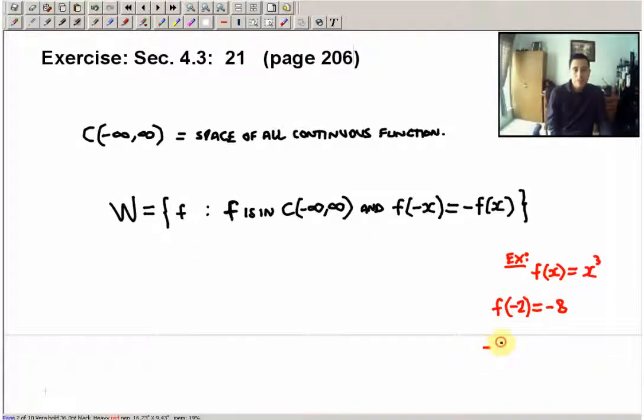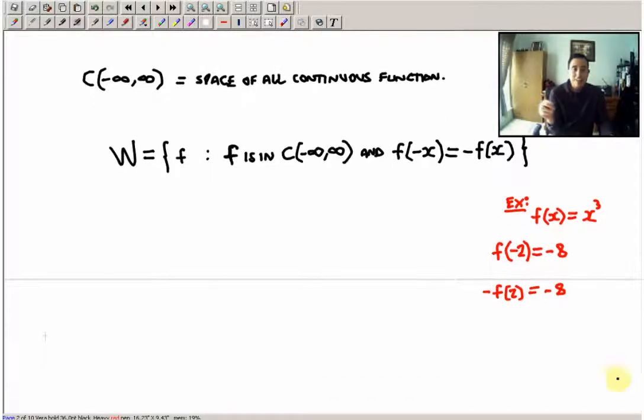Look what happens if I take the negative of f of 2. Well, that's negative 8 as well. See? It is an odd function because you can pull the negative sign out.